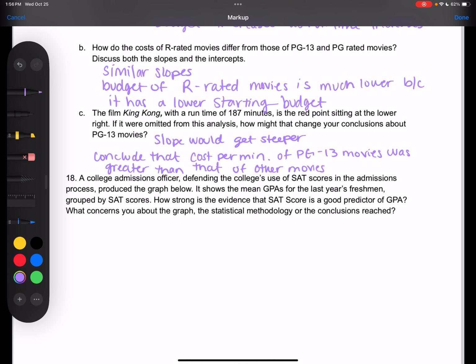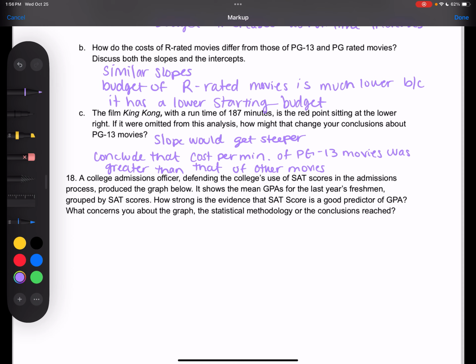Scatter plot. Okay, it should be a scatter plot, but it's not, right? Why? Because they drew lines to connect the dots. They connected the dots, so it automatically can't be a scatter plot. It looks relatively linear, right? Yeah. But how many points are on there? 7 points.